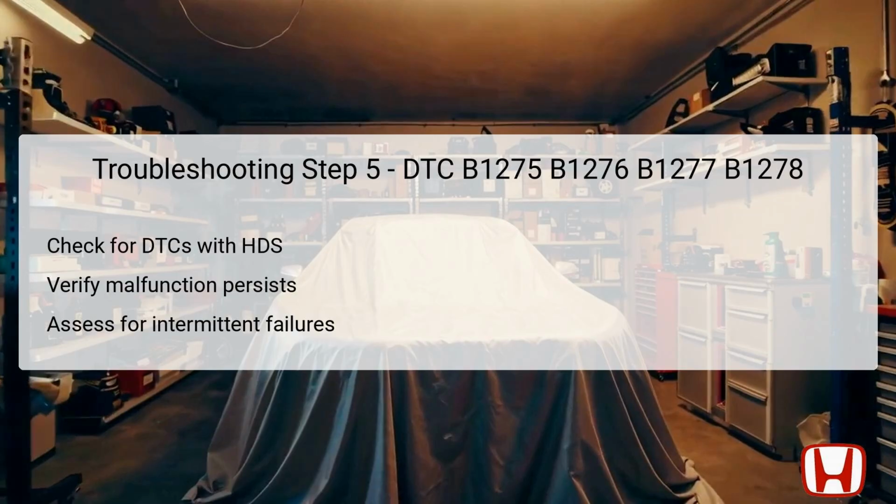If these codes are indicated once again, it suggests that there is a persistent malfunction that needs addressing. Alternatively, if no codes are present, it may indicate an intermittent failure or a temporary glitch in the system, which might have resolved itself.